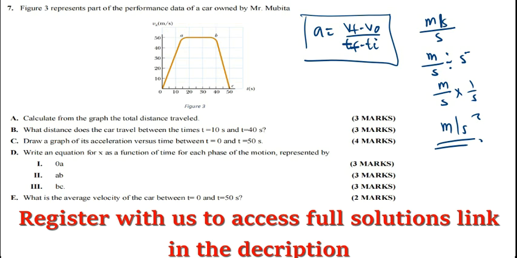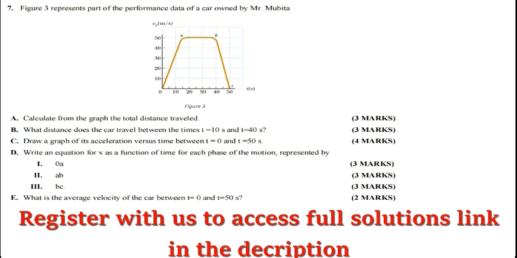Now another thing which I want you guys to be familiar with here is this: how do we tend to find the displacement? Now, in this case, we're talking about distance. Distance and displacement, I explained the difference.